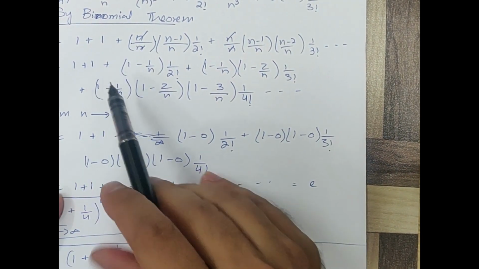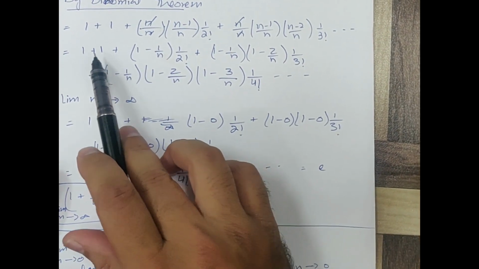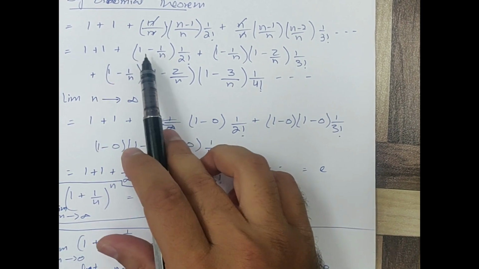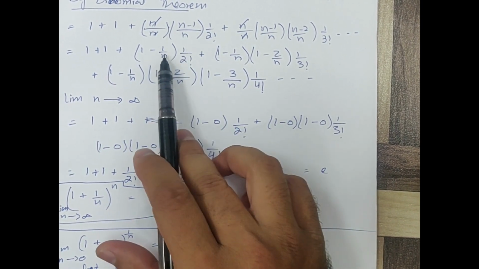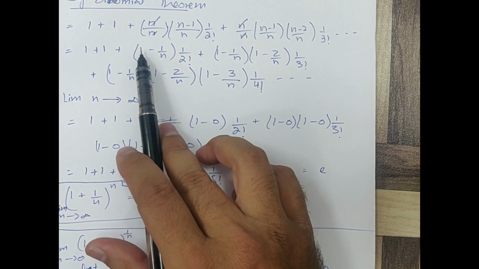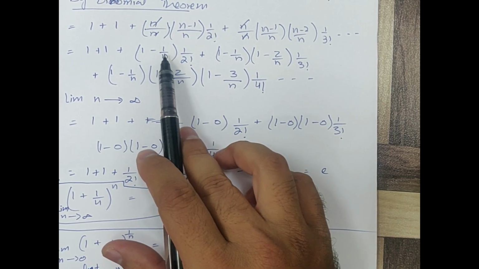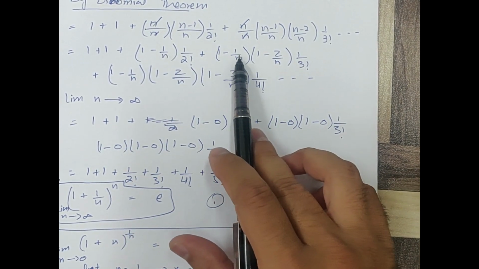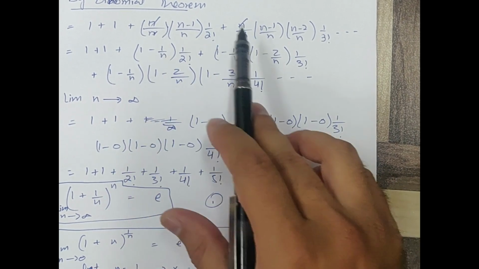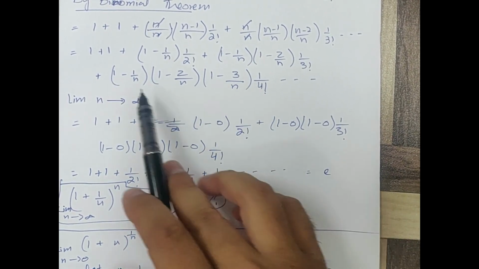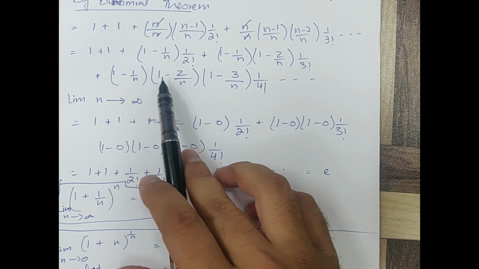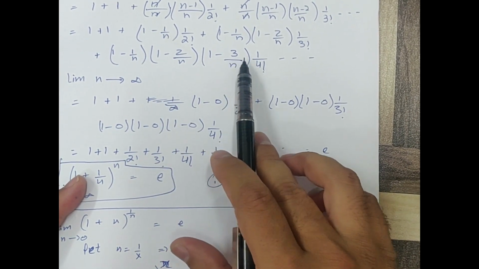Now if you observe closely, it makes these terms into something like this: 1 times (1 - 1/n), and (1 - 1/n)(1 - 2/n). And similarly for the fourth term, (1 - 1/n)(1 - 2/n)(1 - 3/n).